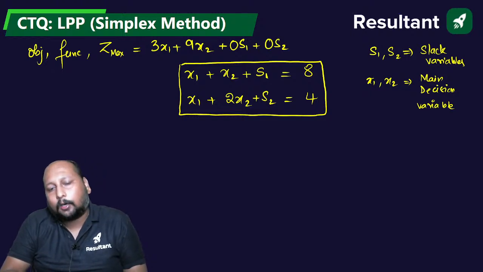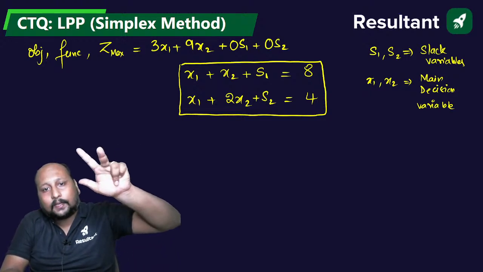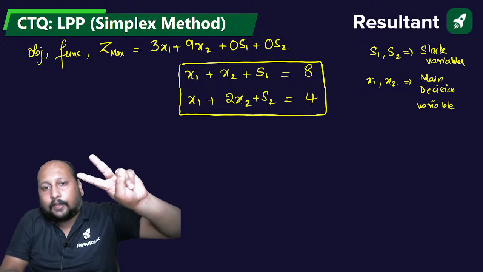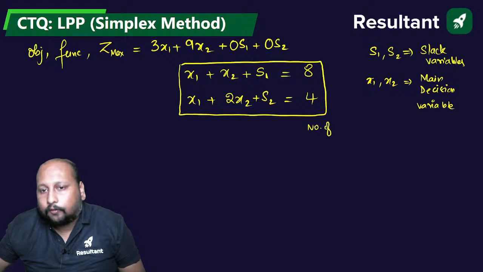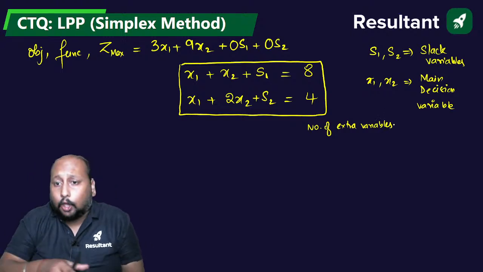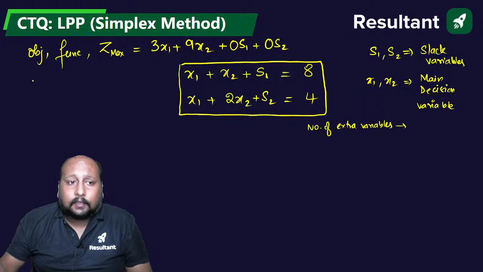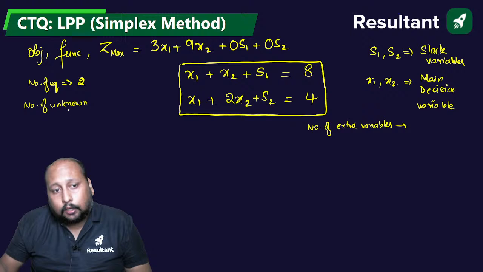Why is it not possible? Because we have 4 unknown variables, x1, x2, s1, s2, and only 2 equations. So the number of equations is 2 and the number of unknown variables is 4.